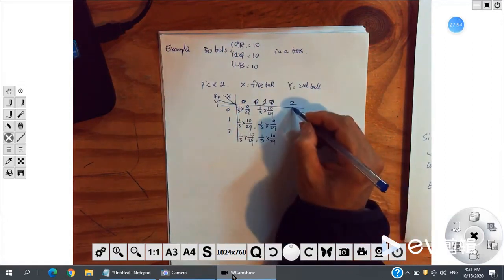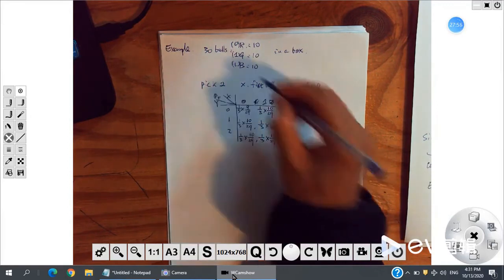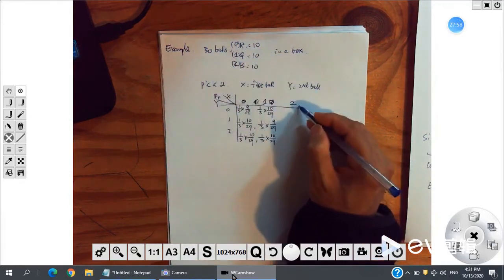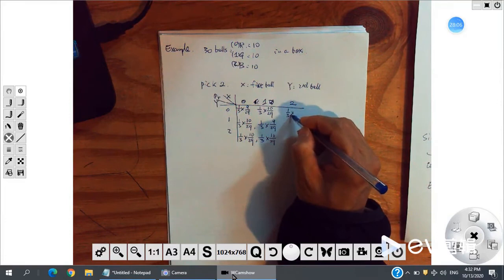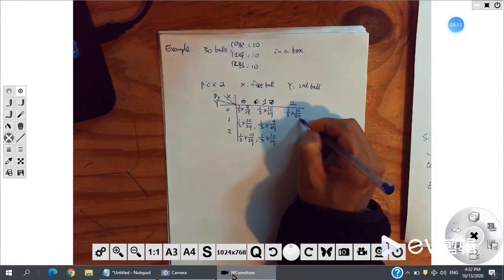Here x is 2, and 2 means blue. When the first bar is blue, the probability is 1/3, and for the second bar, red, there are still 10 red bars, right? So it's 1/3 times 10/29.